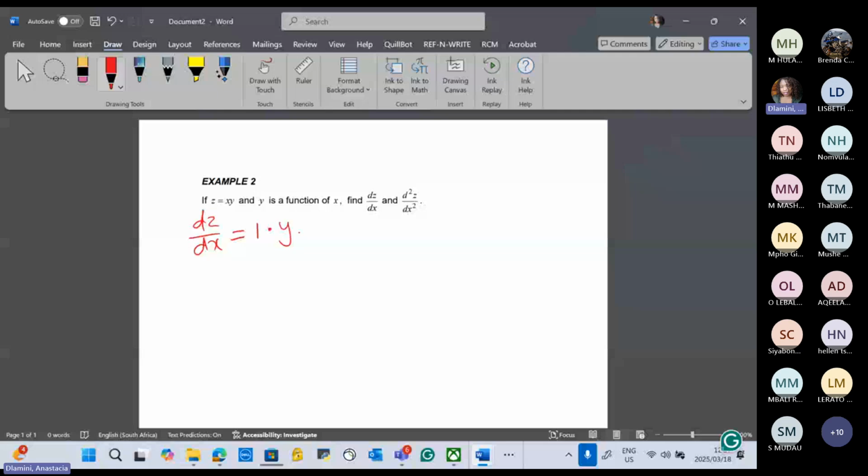So you're saying dx over dy, something like this? Are you saying this? No, dz over dx. Then plus x.